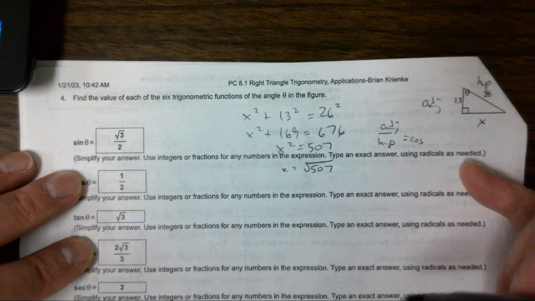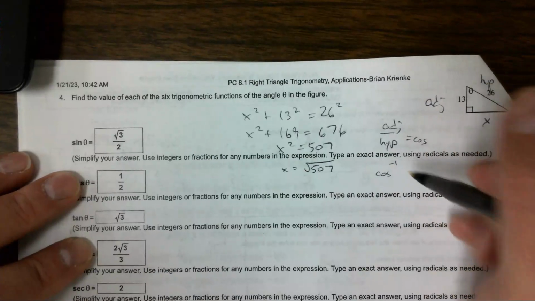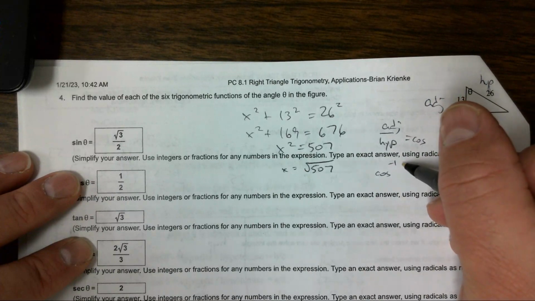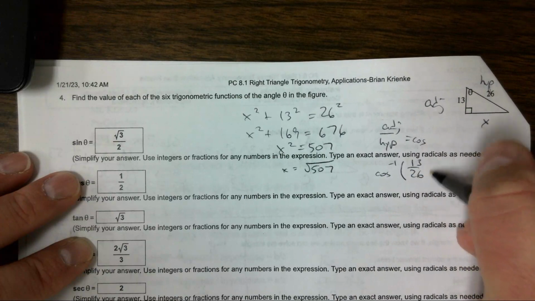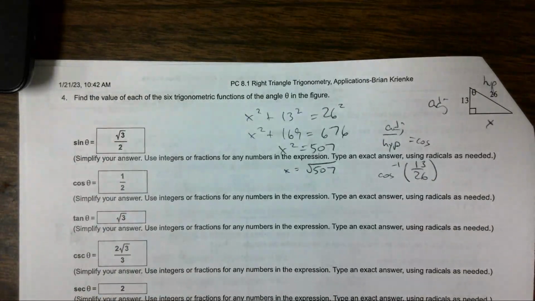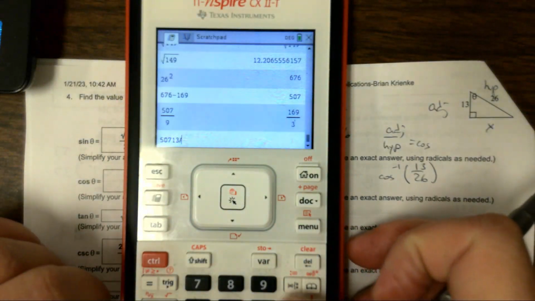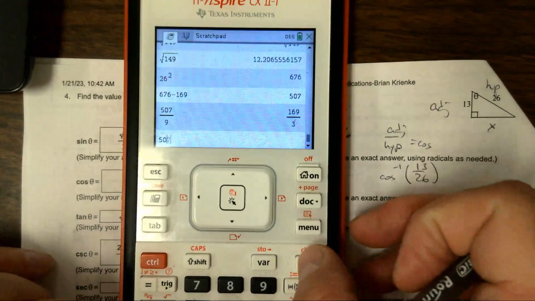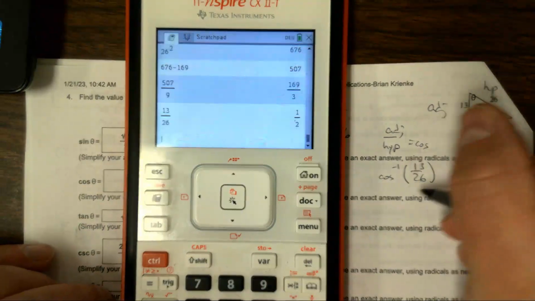So because of that definition, we'd have to say cos negative 1 of 13 over 26. Wonder if 13 is divisible by 26. It is. It's a half. There's the half.